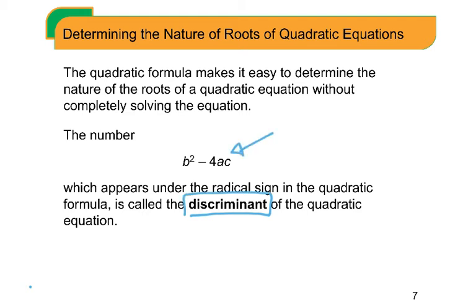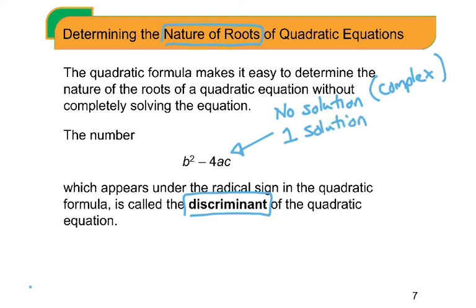It tells us the nature of the roots of our quadratic equation. There can be no solution. This would be a complex solution, but no real solution. It can be one solution, or it can be two solutions, and we'll be able to tell.